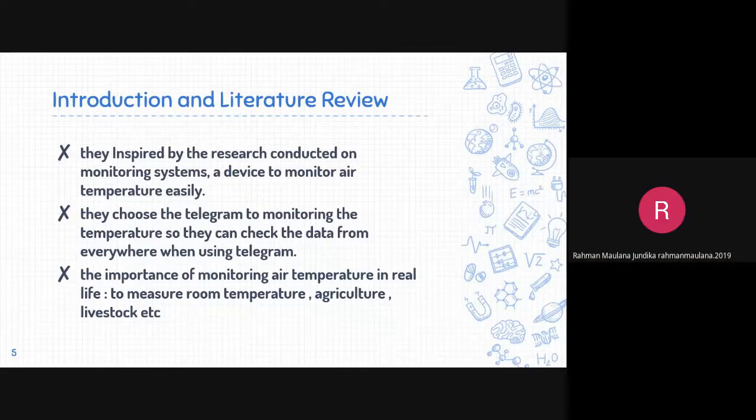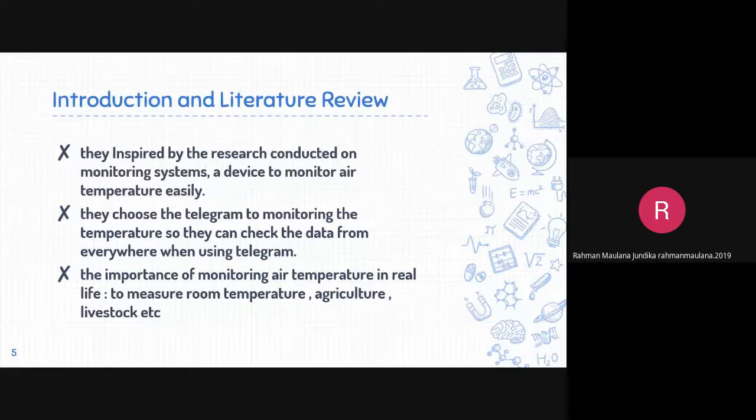They were inspired by research conducted on monitoring systems, a device that monitors air temperature easily. They chose Telegram to monitor the temperature so they can check the data from everywhere.